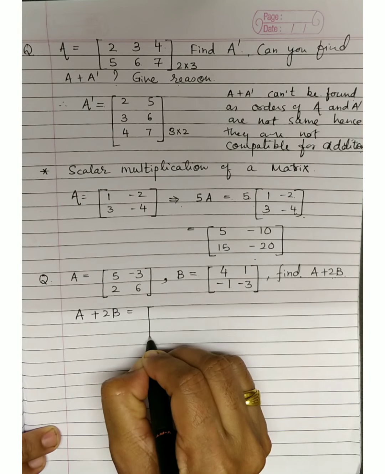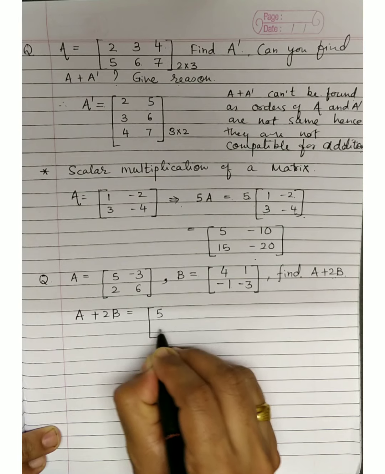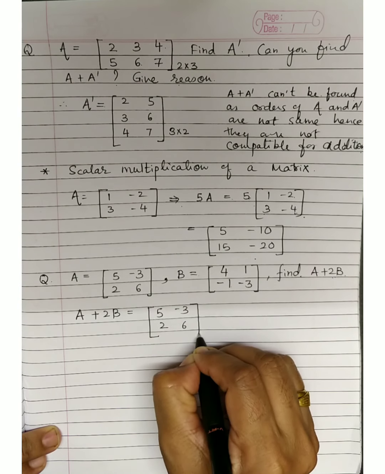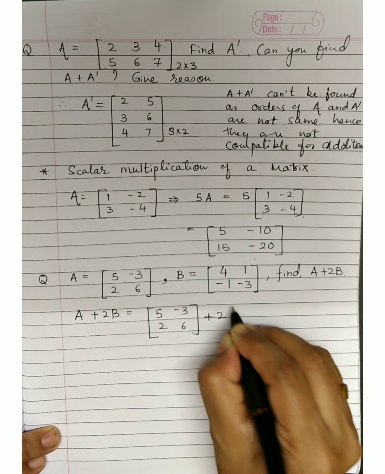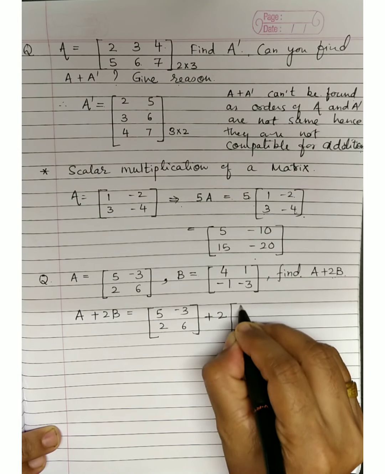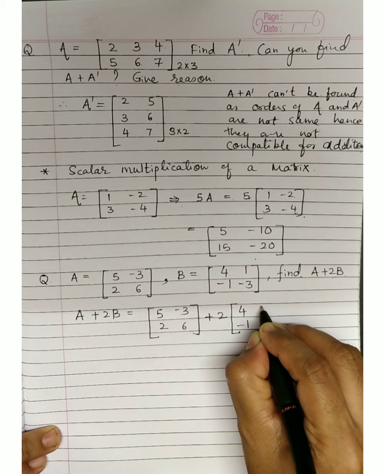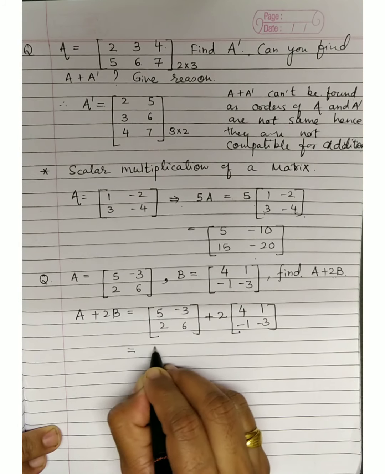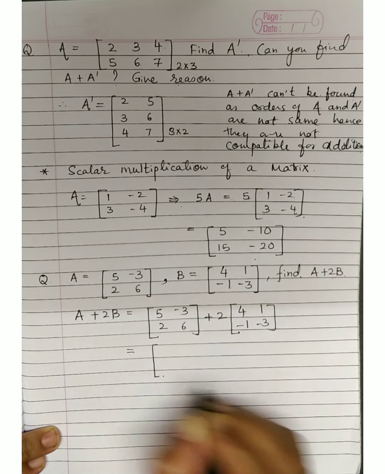How would you go for that? Write matrix A as it is, plus 2 times matrix B. Keep A as it is.